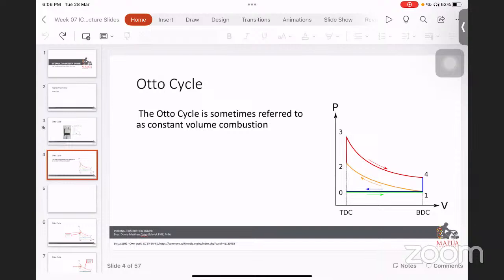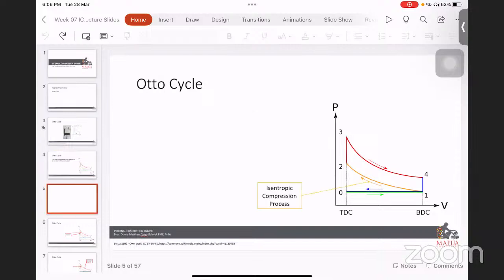So let's see. First, from process 1 to process 2. Yung process 1, we will define it as the intake. And process 2 is the first compression process na nangyayari sa atin. So at point 1, there's no air fuel mixture inside the chamber yet.